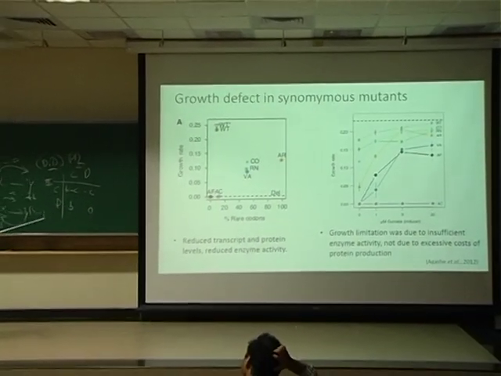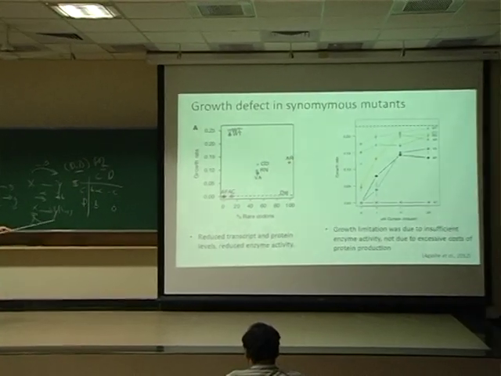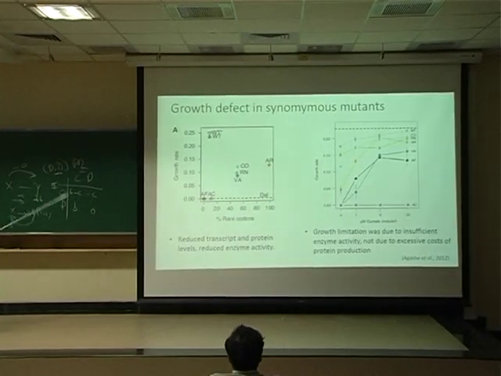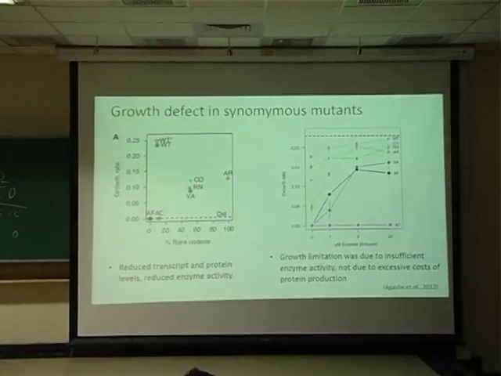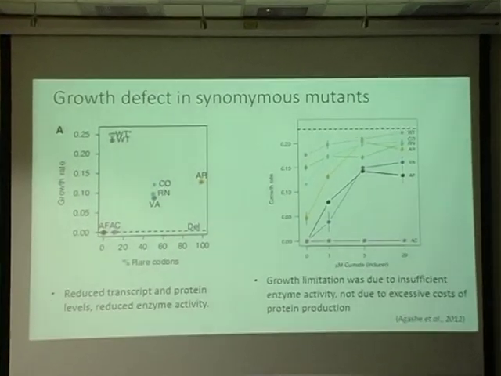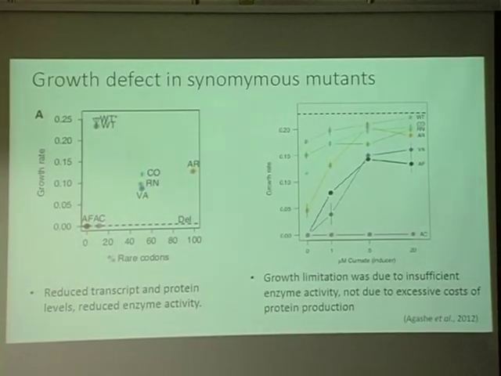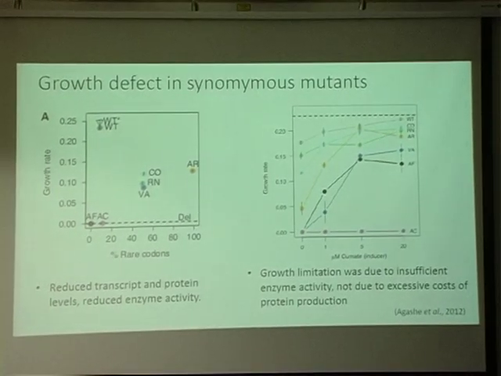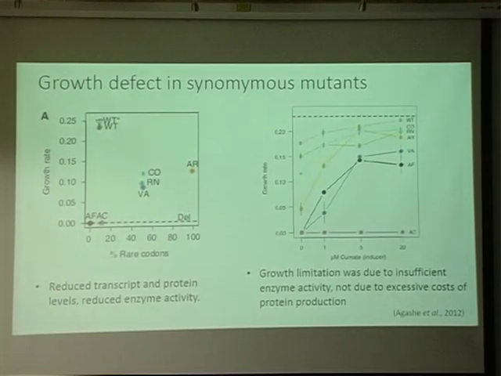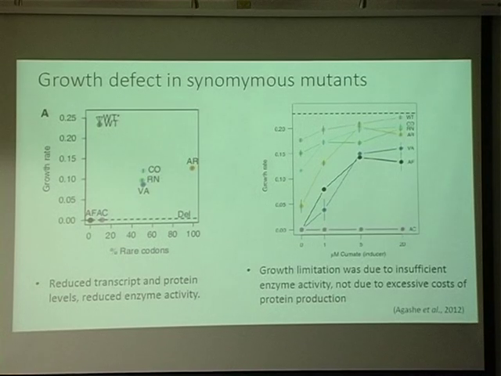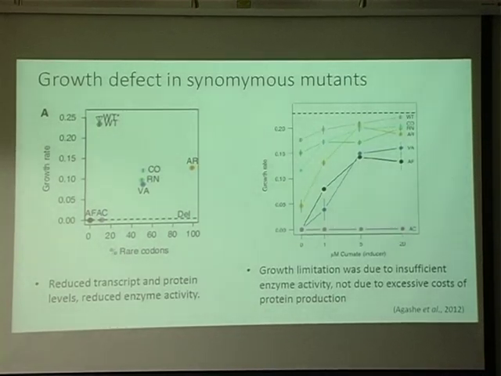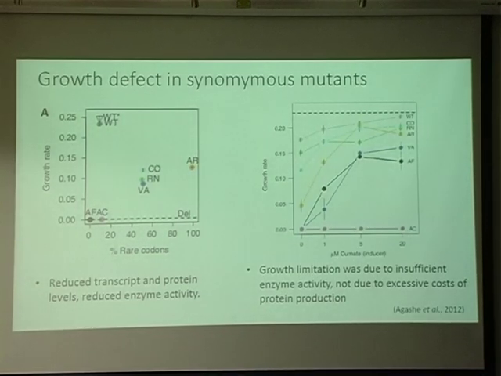And what she also showed is that this low fitness was due to reduced gene expression and protein production from these alleles. And she also showed that when you increase the expression from these alleles by putting them under an inducible promoter, the growth defect was rescued to a large extent in most of the cases.